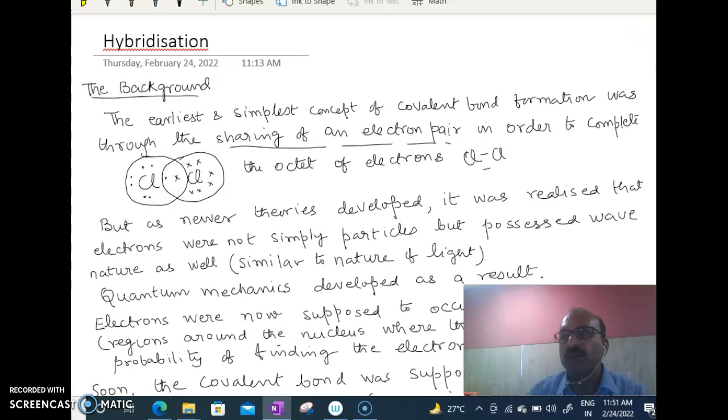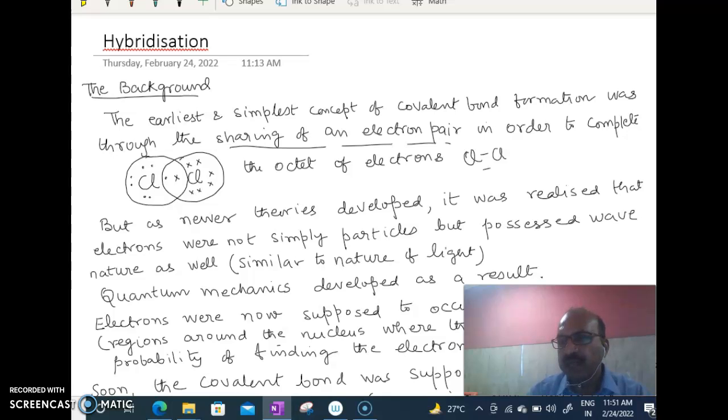And as many of the students would have heard, the branch of chemistry which deals with the concept of the electron as a particle as well as a wave is called quantum mechanics. And quantum mechanics developed as a result.